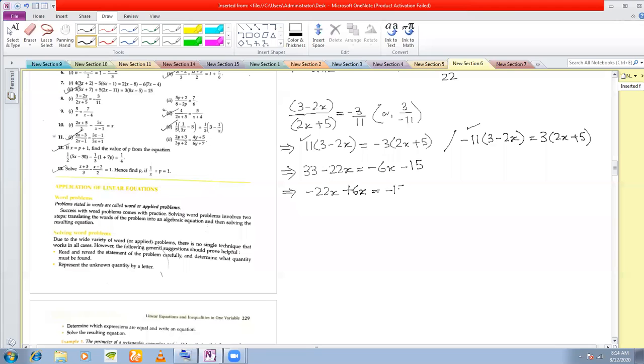And minus 15 is already on the right hand side, you want to keep it there, and plus 33 comes from the left hand side to the right hand side, it becomes minus 33. Now minus 22 plus 6 is minus 16x is equal to minus 15 minus 33, which is minus 48.